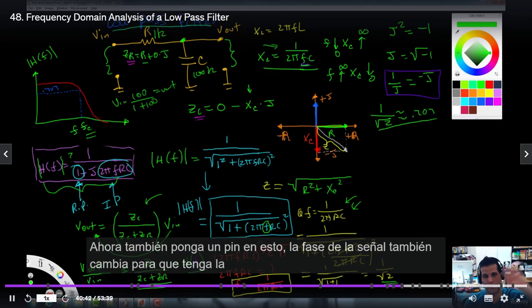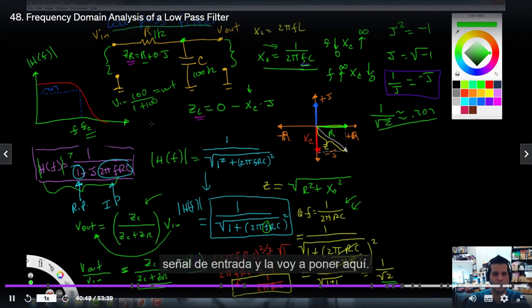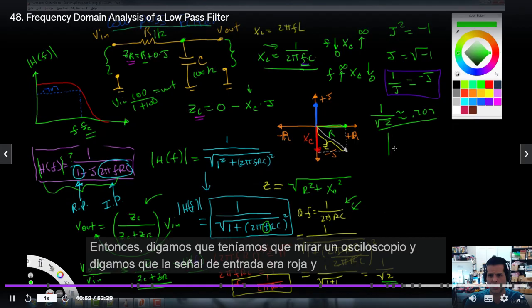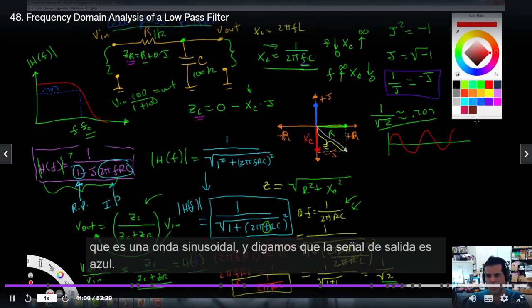Now also, put a pin in this, the phase of the signal also changes. Let's say that we were to look on an oscilloscope, and let's say that the input signal was red, and it's a sine wave, and the output signal was blue.